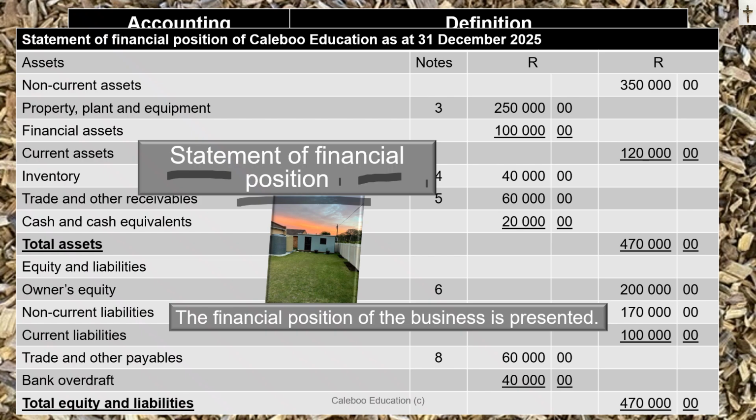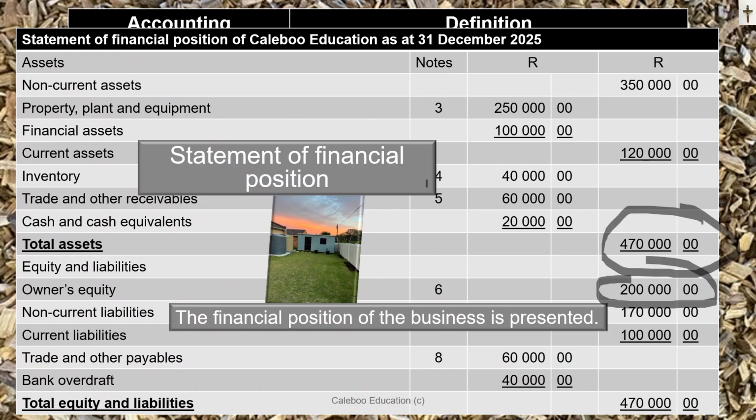So there is a statement of financial position. Now this will show you a number of things. It shows you the total assets, the total owner's equity, and the total liabilities. And I may have mentioned this before: assets is equal to owner's equity plus liabilities.